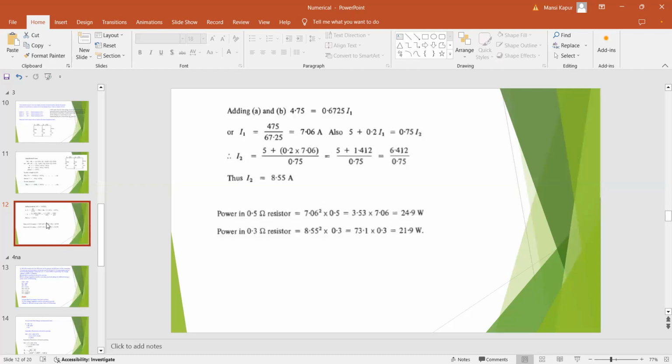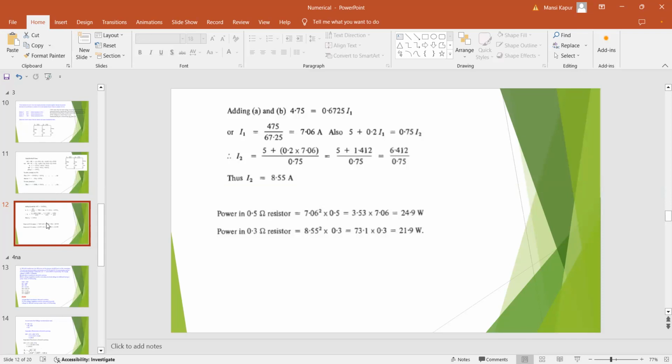Okay. Sir, when we add, we will get I2 equal to 18.4, correct? How much did you get for I2 when you add? 18.4. How? Equation number 3 and 4 I am adding.